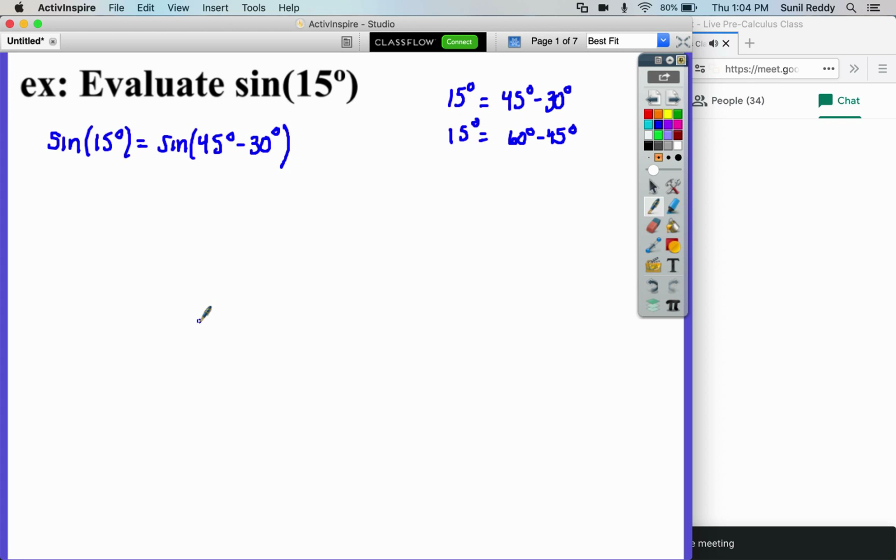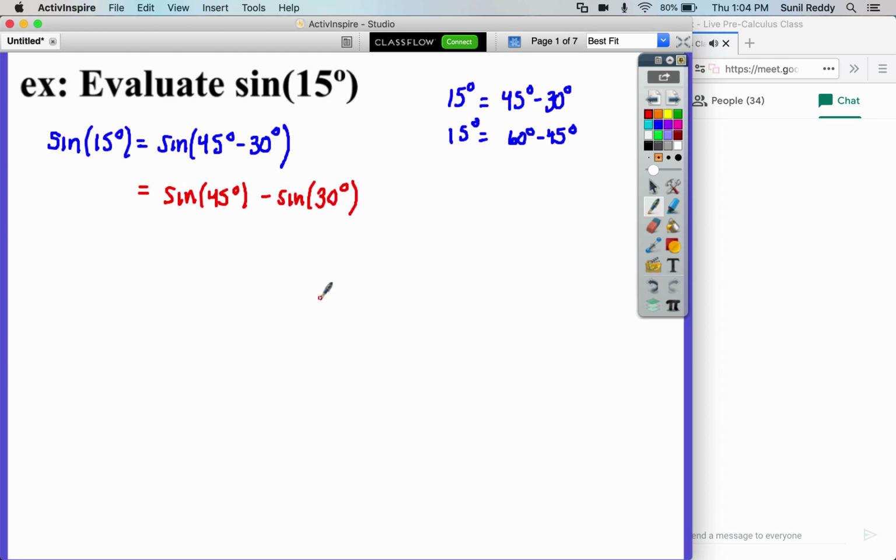And again, it would be nice if we were able to say something like that's equivalent to the sine of 45 degrees minus the sine of 30 degrees. That would be nice. However, that's not true. Okay, so this does not work. However, we can come up with a formula that does work.